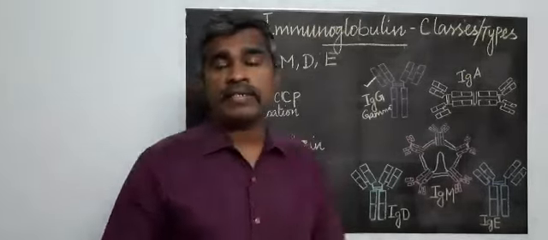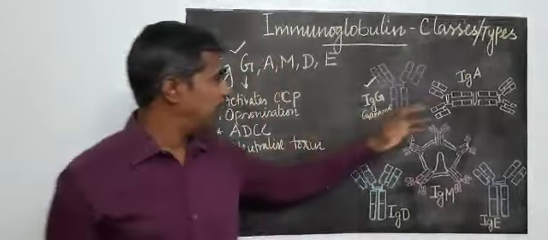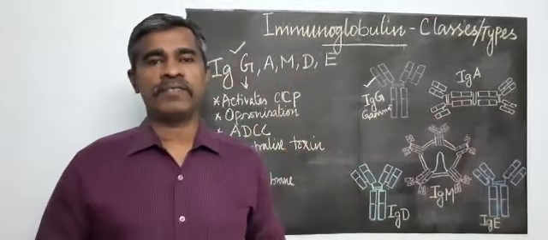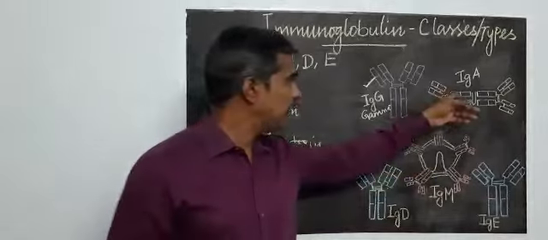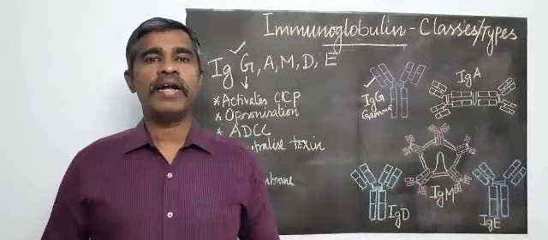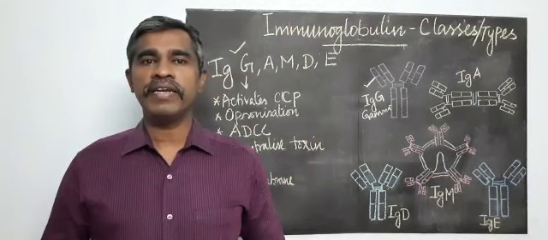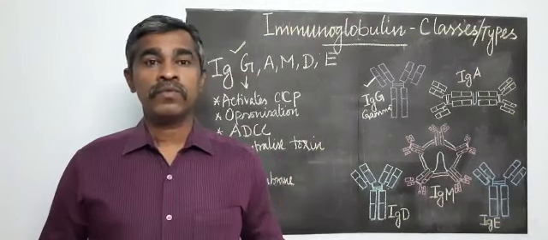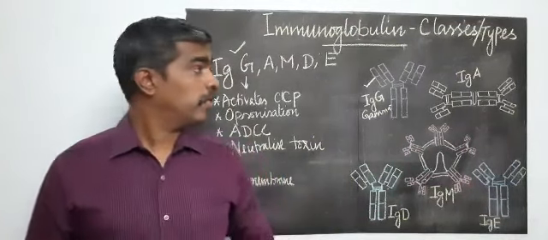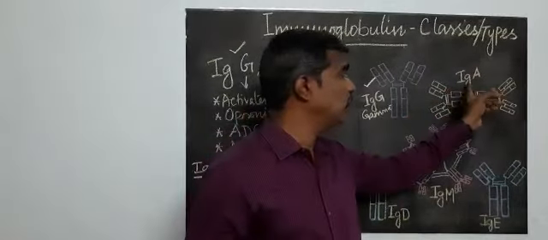Apart from that, it is present in the body secretions. And IgA is a very important antibody present in mother's milk, thus giving immunity to newborn babies. It is a very important function of IgA.